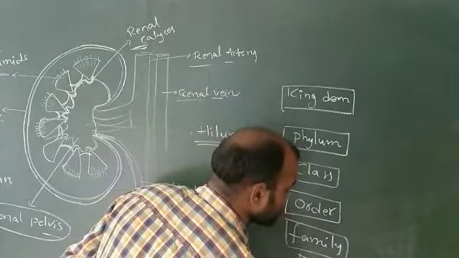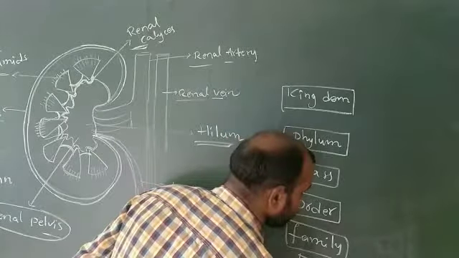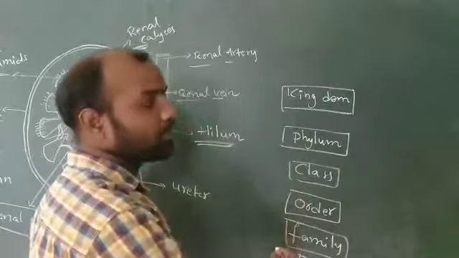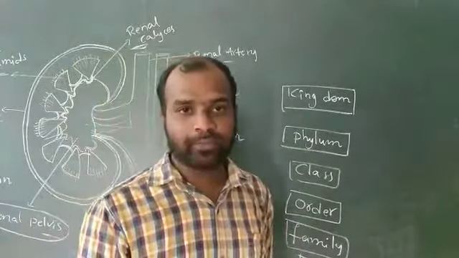To remember this hierarchy of classification in sequential order, I give a mnemonic that is called "Kings Play Chess On Fine Glass Surfaces."